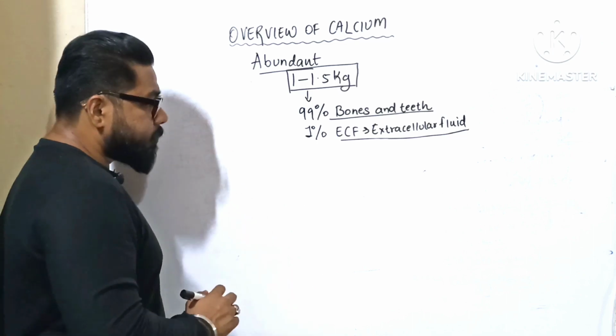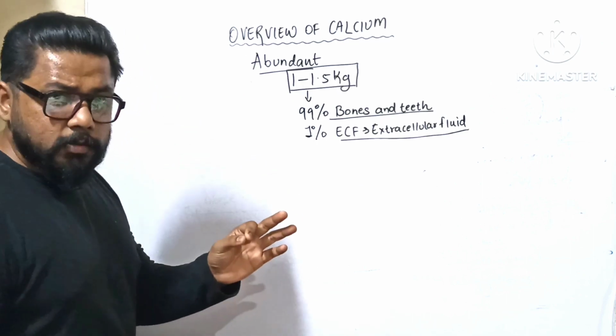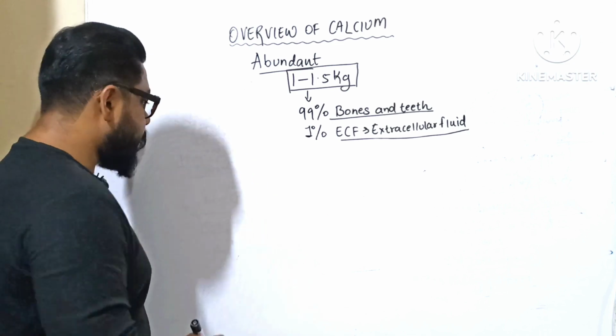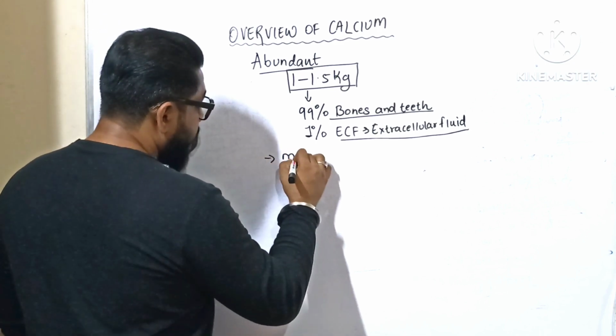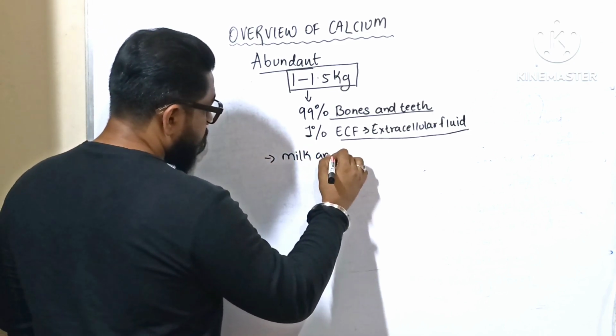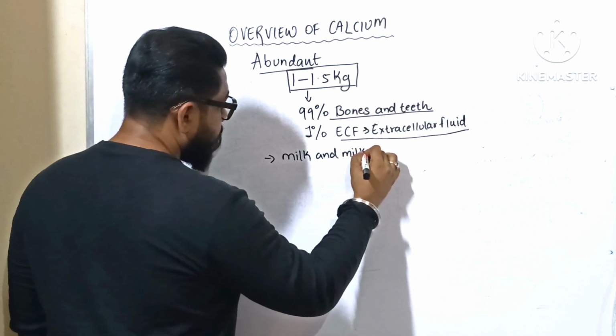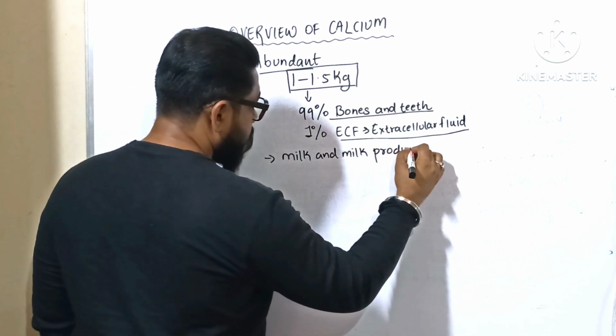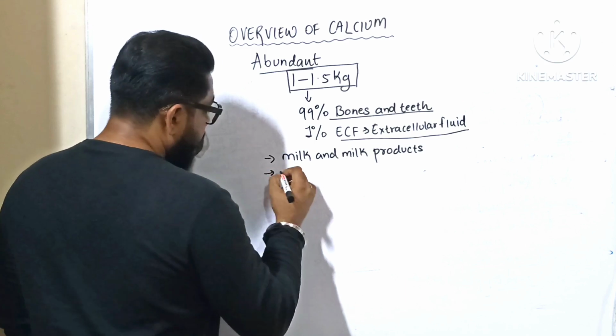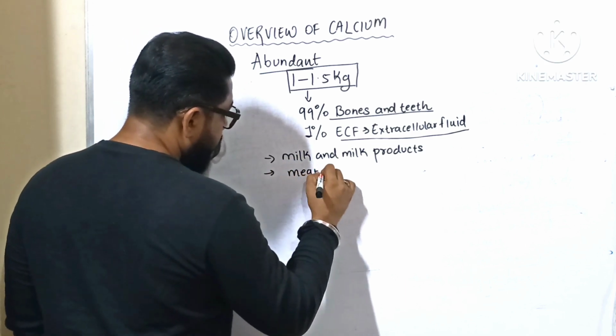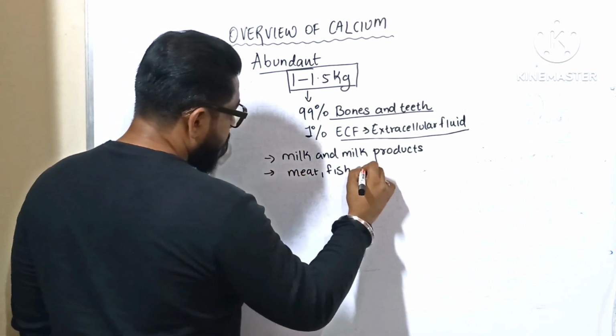Now what are the sources from where you can get calcium? It is milk and milk products. Next, meat, fish, eggs.